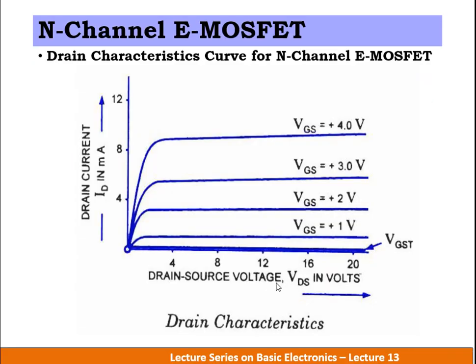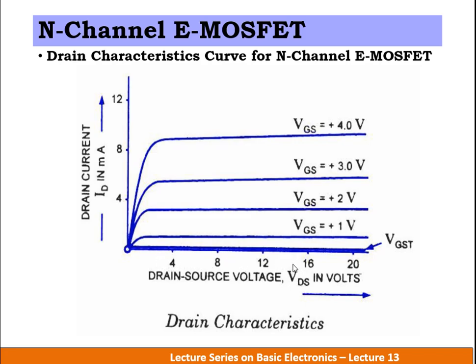So now let us move to the drain characteristics curve of an n-channel EMOSFET. This drain characteristics curve is plotted between the drain source voltage VDS and the drain current ID. Here we have a positive VDS.